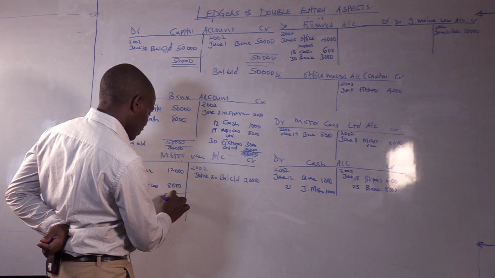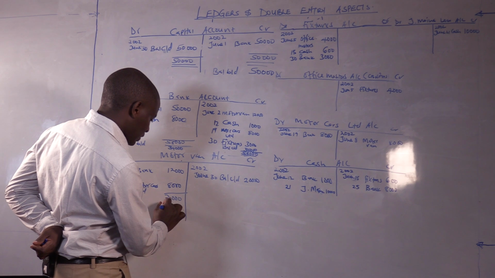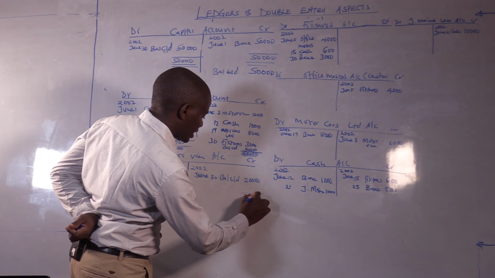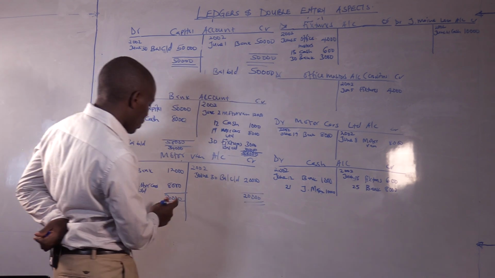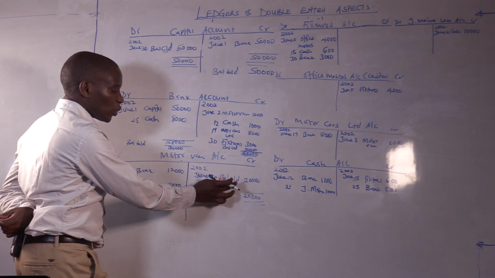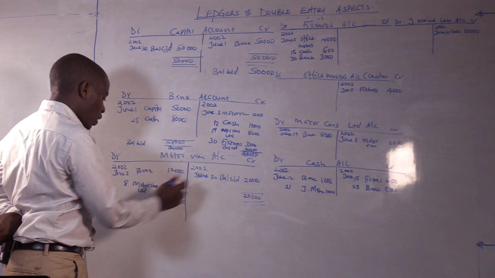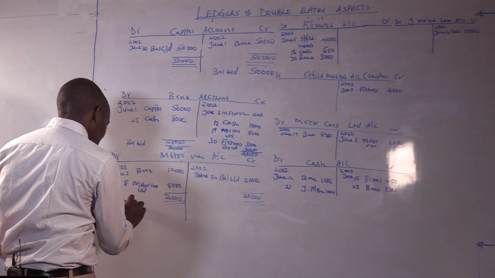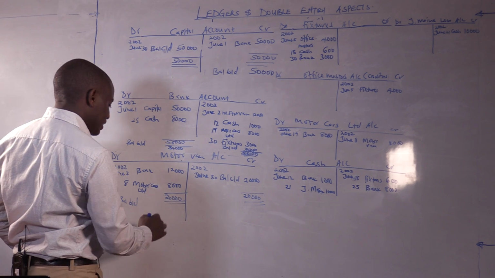So here we have 20,000 and on this one we have 20,000, and we double underscore at the same level. Whatever we had carried down here, we bring it down here. So we shall have balance brought down, and it's how much?